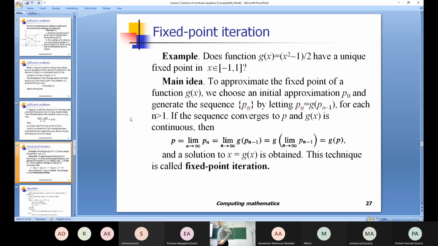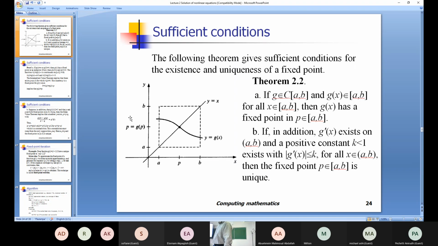So this is the first statement, and now the second statement of the theorem. We should find the derivative and check, is it smaller than 1 or greater than 1? If it's smaller than 1, there is one fixed point.